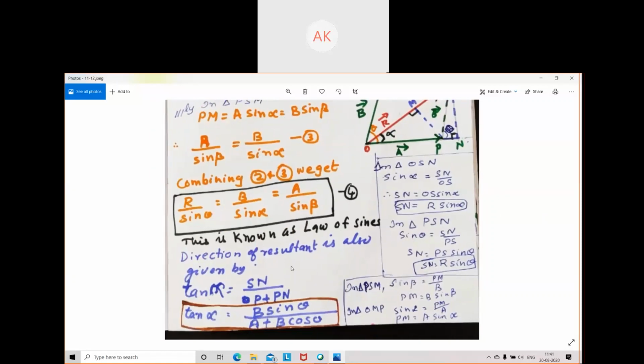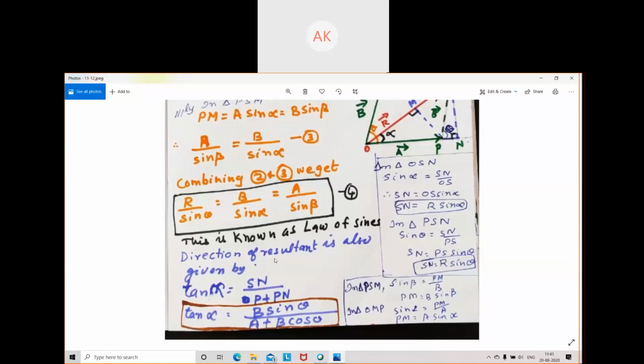So substitute that: SN by OP plus PN. SN we already got in terms of theta: SN equals B sin theta. OP is the magnitude of vector A, and PN is B cos theta.